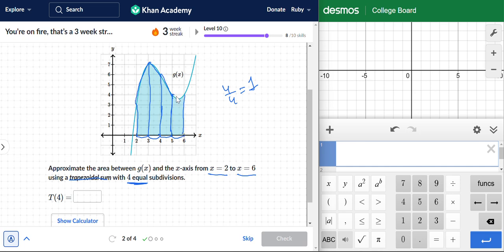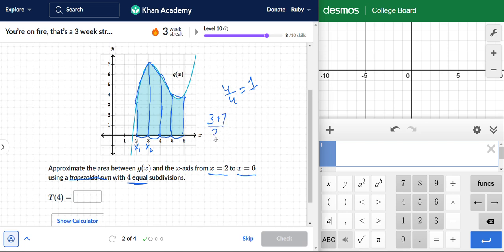So the distance between x1 and x2 is 1. I'm just not going to even write it because it doesn't matter. So base 1 for this is 3, and the second base is 7.